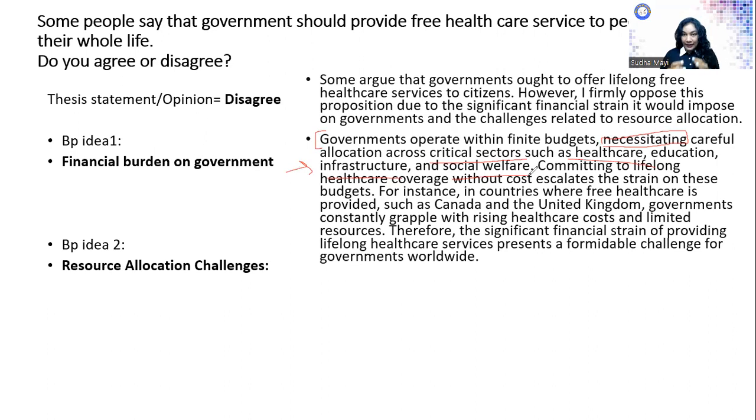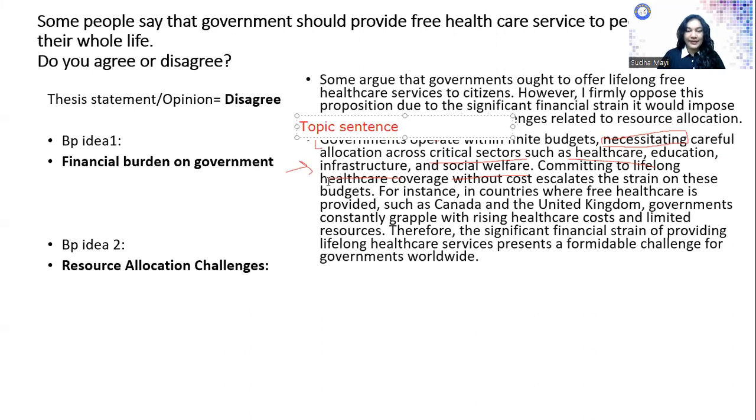So this is how I will start writing my first topic sentence. So basically, I have written my topic sentence stating about the, what is it? My topic sentence is all about my idea elaboration. I've just started introducing my idea first. That is what my topic sentence is all about. All right. So basically, this is my topic sentence.